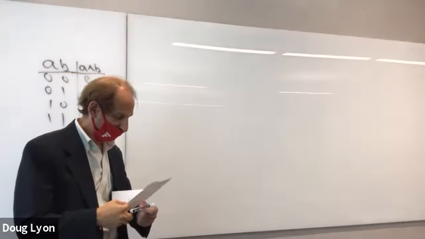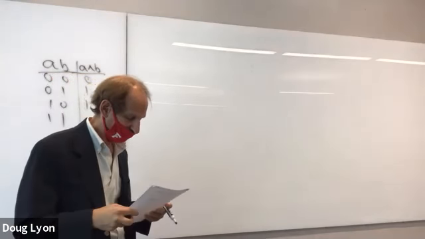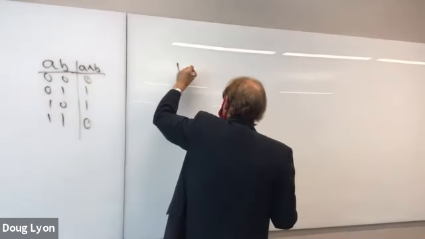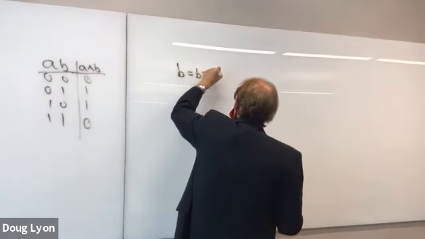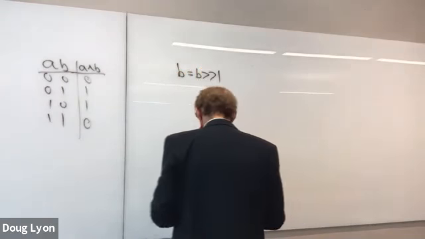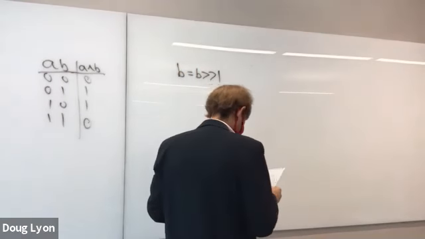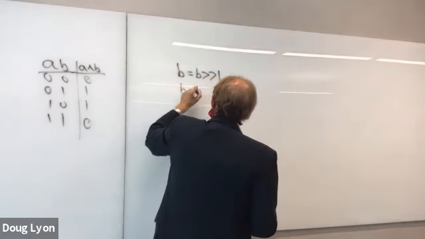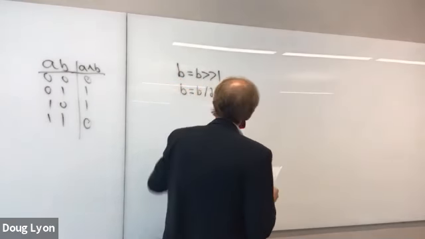So assume B is of type byte. B equals B shifted by 1. Will this give the same numerical result as B equals B divided by 2?